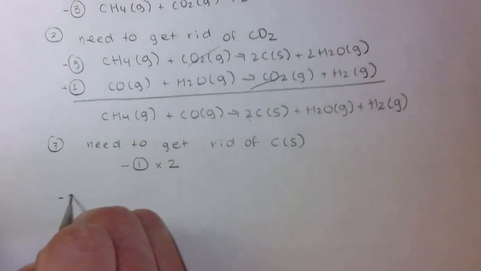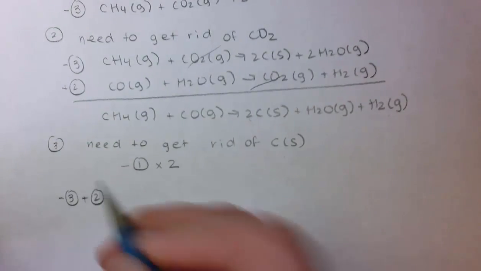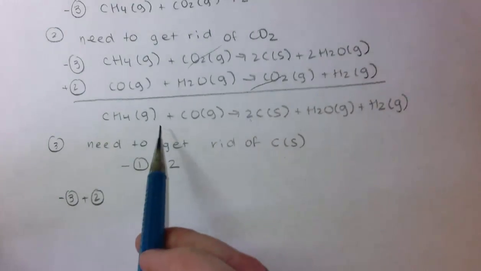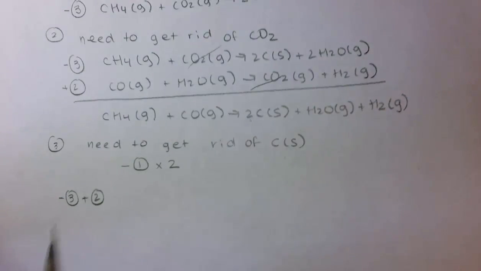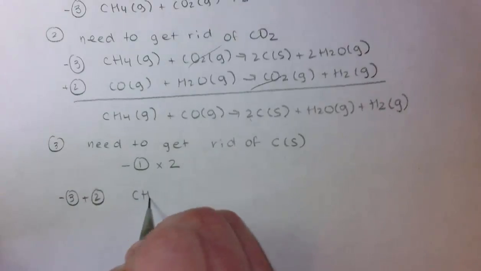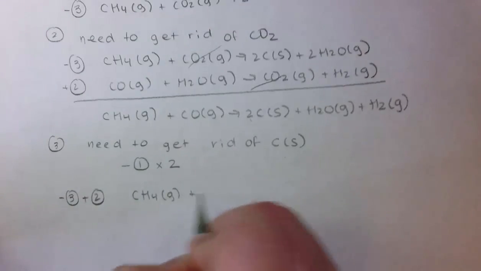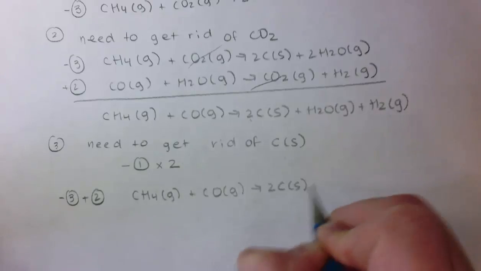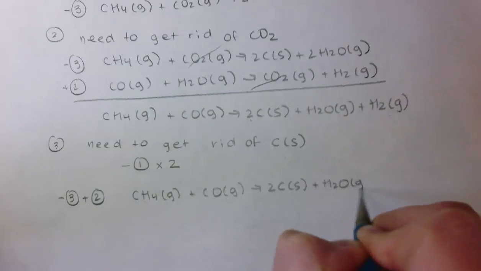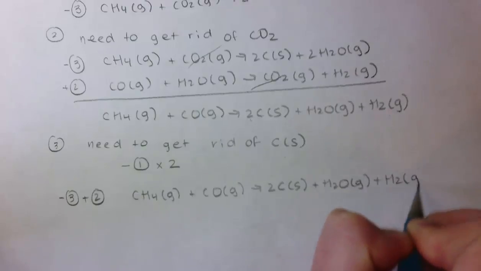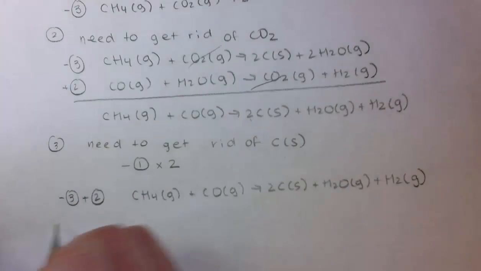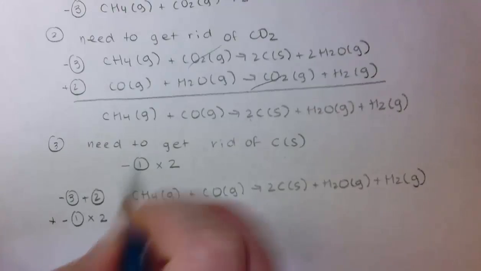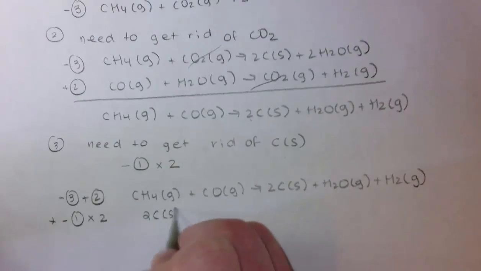So I'm going to take the equation that we came up with above, which is represented by -3 plus 2, and I'll write that out again. And we're going to add -1, the first equation reversed, multiplied by 2, which looks like this.